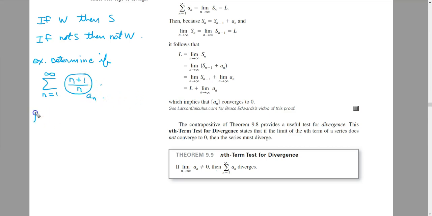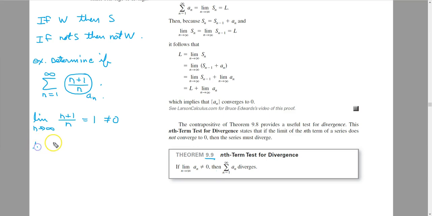If we look at the limit as n goes to infinity of the an terms, you notice that this is equal to 1, which does not equal 0. Therefore, this series, by Theorem 9.9, must diverge, so it does not exist.